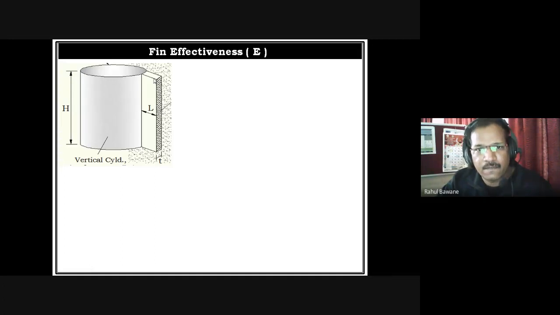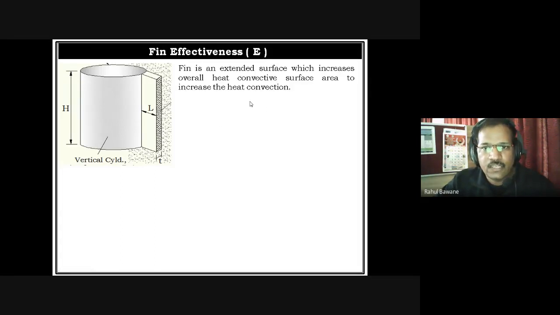So how can one identify whether adding a fin really works, because a fin is only added to increase the heat transfer rate? For that, we have a parameter known as effectiveness. Now what is effectiveness? A fin is an extended surface which increases the overall convective surface area to increase the heat convection.